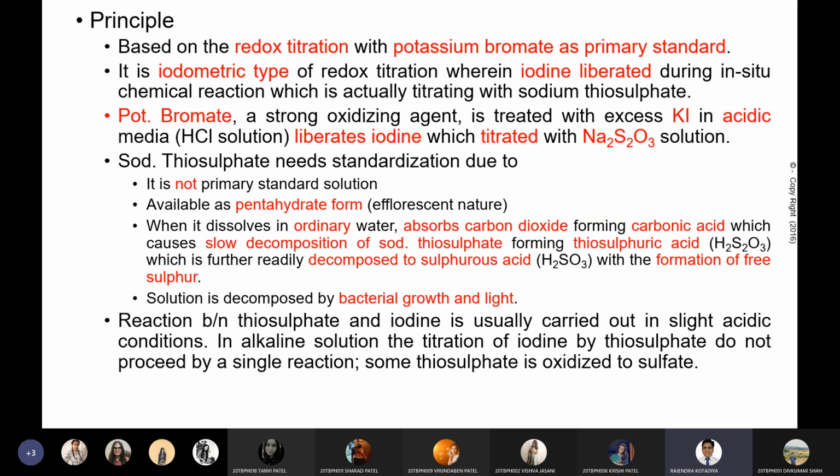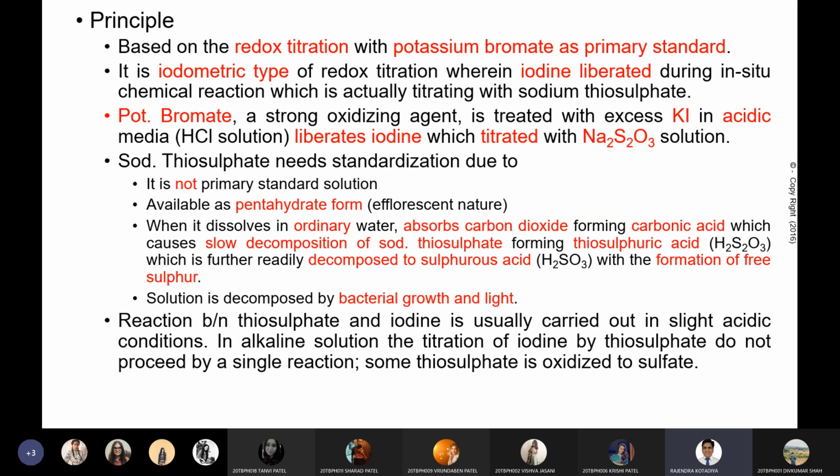Further, when we dissolve sodium thiosulphate in ordinary water or tap water, it has the capacity to absorb carbon dioxide and it forms carbonic acid, and this carbonic acid causes slow decomposition of sodium thiosulphate and it forms H2S2O3, which is further readily decomposed to sulfurous acid with the formation of free sulfur.